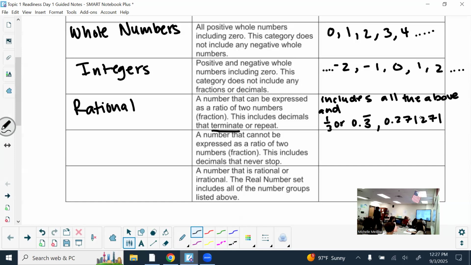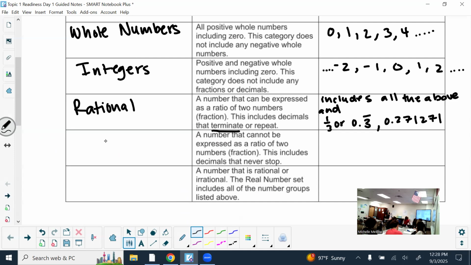And all of these numbers above it can be written as a decimal if I just put like 1.0, 2.0. Or I could write it as a fraction, like 3 over 1, 4 over 1. So all fractions either end or they repeat for the decimal. And then all the other ones above it are also fractions. Does that make sense? Any questions?